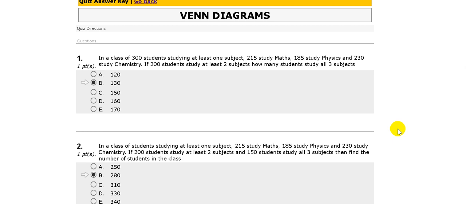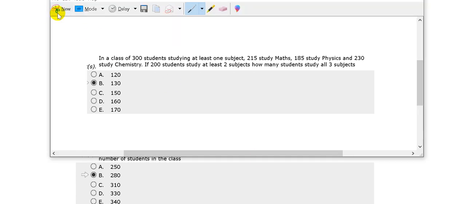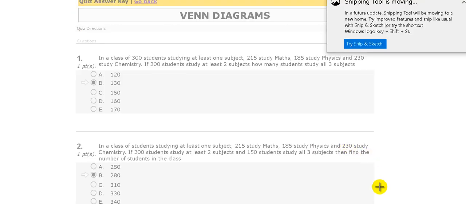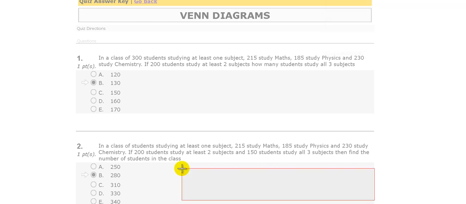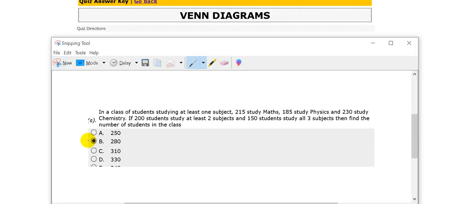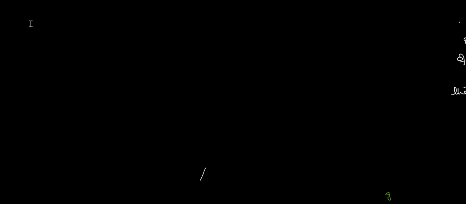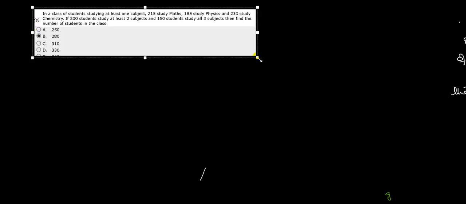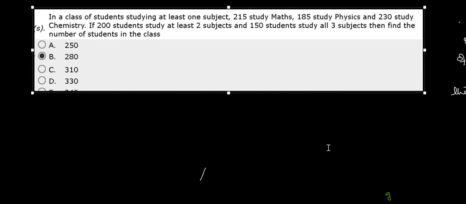How many of you got this? No one got this? We have to find the number of students. So now, since you know the logic, you tell me how you will do it.